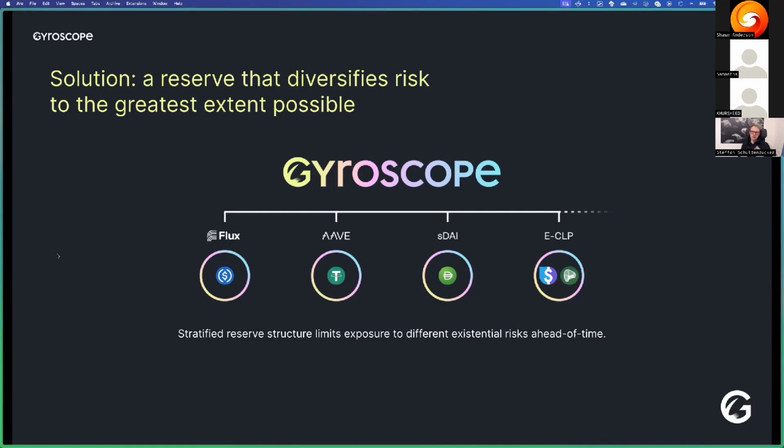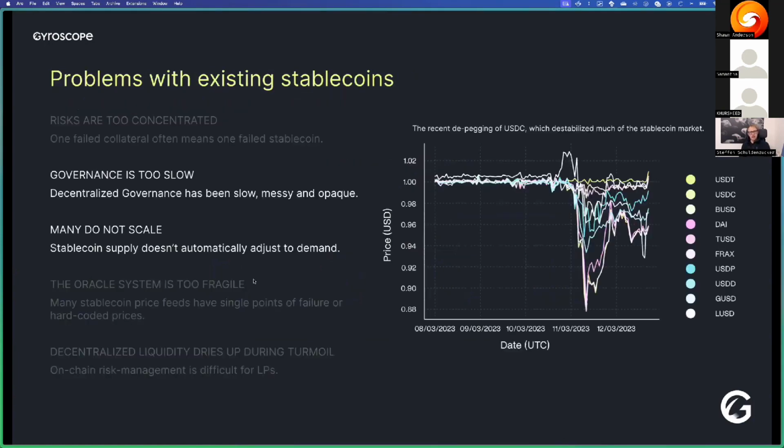And the system centrally manages access to this reserve, making sure that the reserve doesn't become unbalanced, for example. So you cannot hugely expand the system and make it only consist of USDC. That's not something you can do. Governance being too slow and scaling.